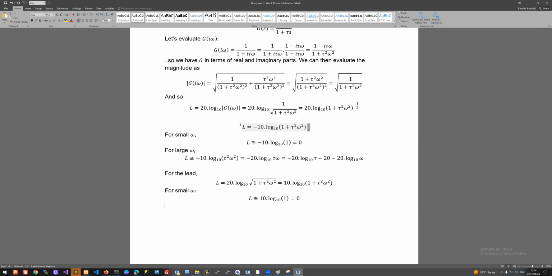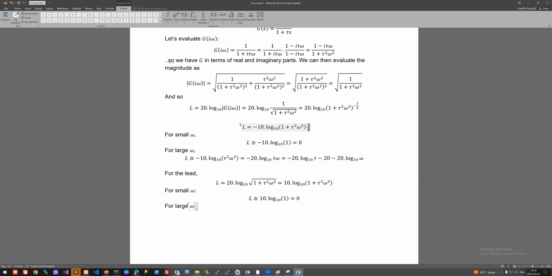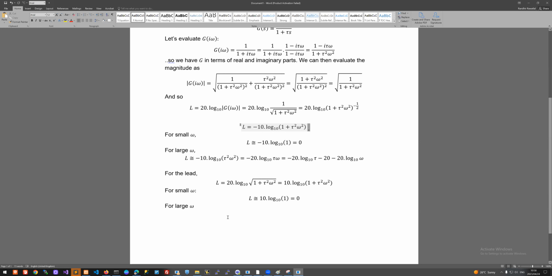And we can say for large omega, tau squared omega squared is much more than the 1.